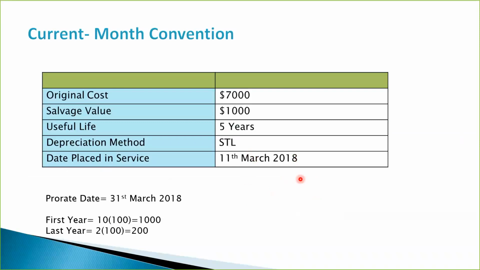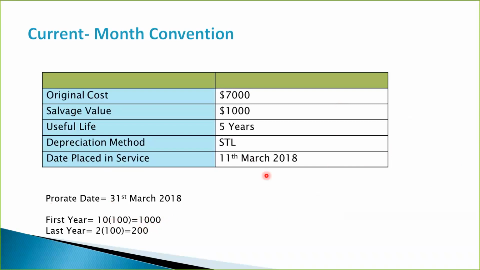So March 2018 through to December 2018, and that's 10 periods, okay? And we know that the periodic expense is 100, because it's 1200 divided by the number of periods, which we got from our depreciation calendar. So 100 times 10 is 1000. So the depreciation expense calculated for the first year will be 1000.